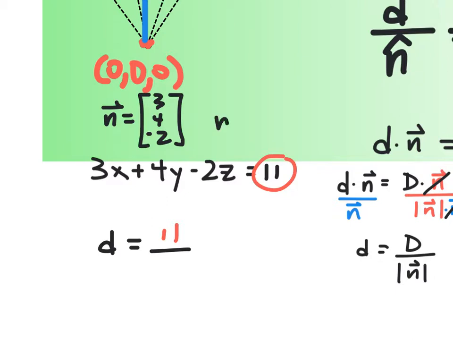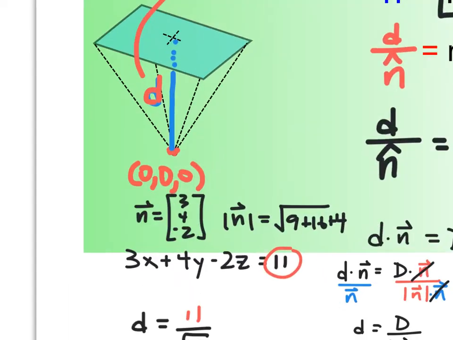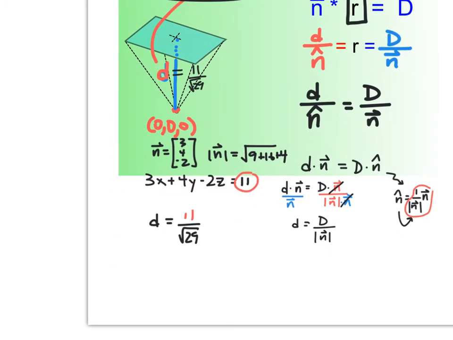So the magnitude of the normal would equal the square root of 9 plus 16 plus 4, which looks like the square root of 29. So the distance from the origin to this plane is 11 over the square root of 29 units, whatever that comes out to be. Okay, let's keep moving on to another example.